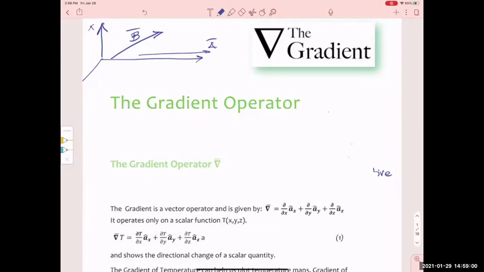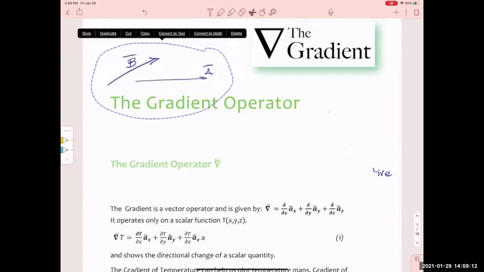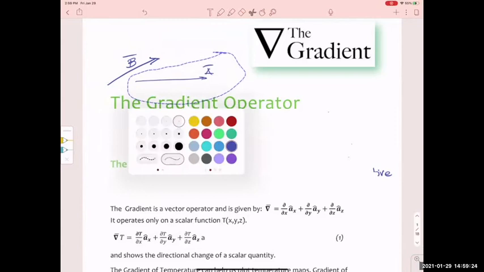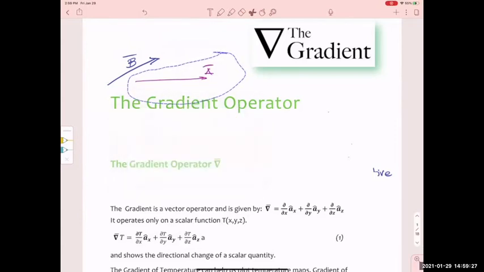Let me erase the coordinate system so I don't confuse you. If you have these two vectors here, and let's assume this one is the red vector, just to differentiate them.